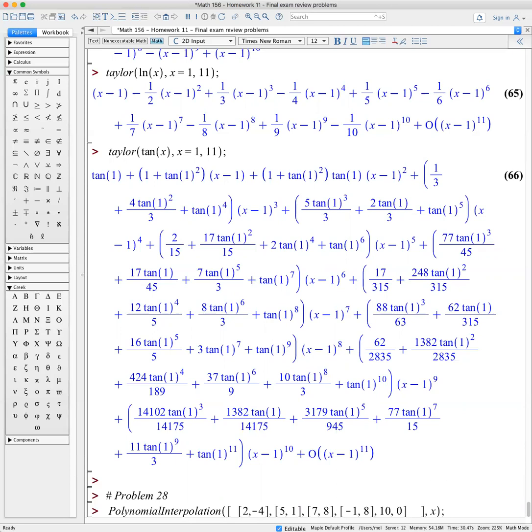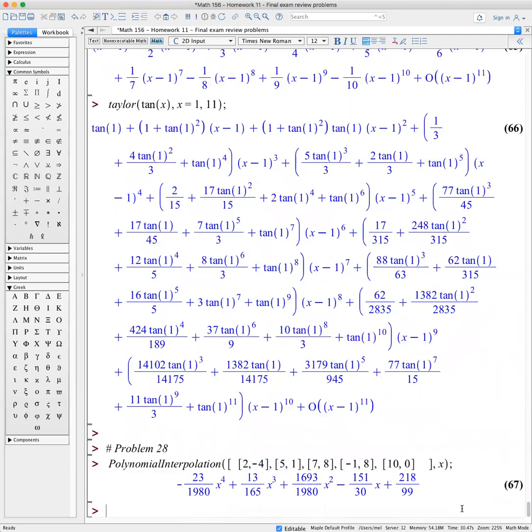So 1, 2, 3, 4, 5, square bracket here. If a polynomial is passing through 5 points, I can solve that with a polynomial of degree at most 4. And what do we get? Polynomial of degree 4.